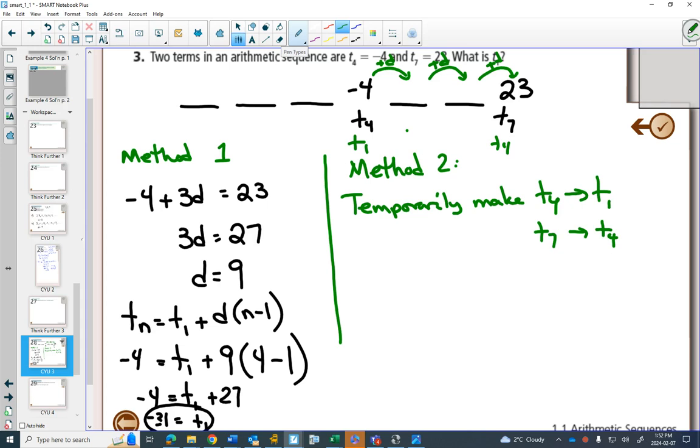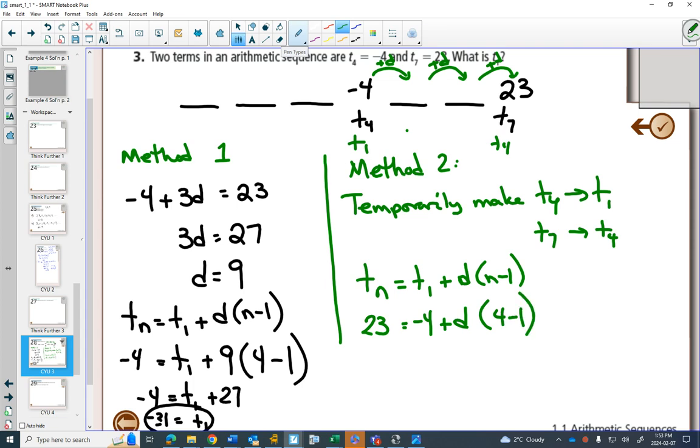Because that lets me use my formula right away to find d. I'll write out the formula first, and say, I know term 1 is -4. I know term 4 was 23. So I can plug things into my formula as if this was term 1 and this is term 4.